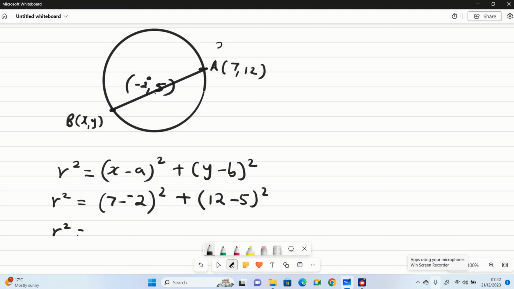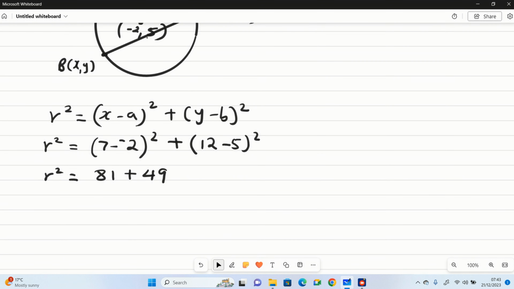So 7 minus negative 2 is like 7 plus 2, which is 9. 9 squared is 81, plus 12 minus 5 is 7, and 7 squared is 49. So this will give us the value of r squared as 81 plus 49, which is 130. So already we have the radius squared.